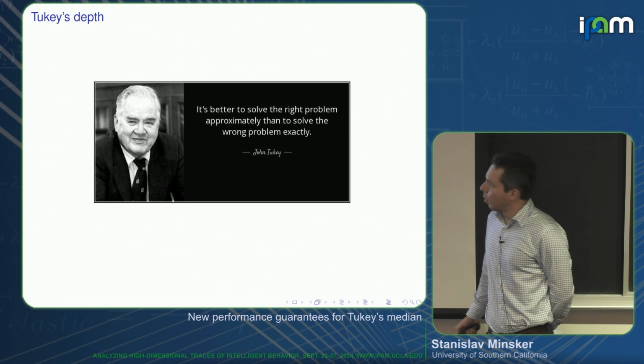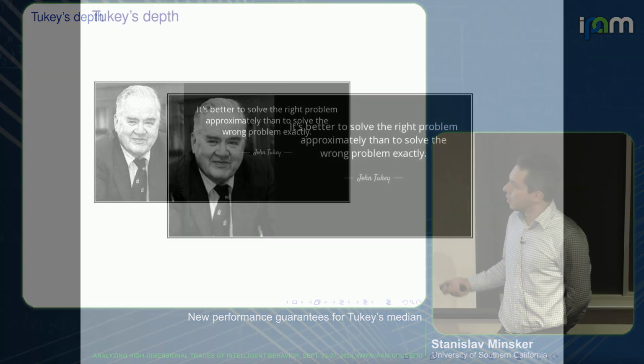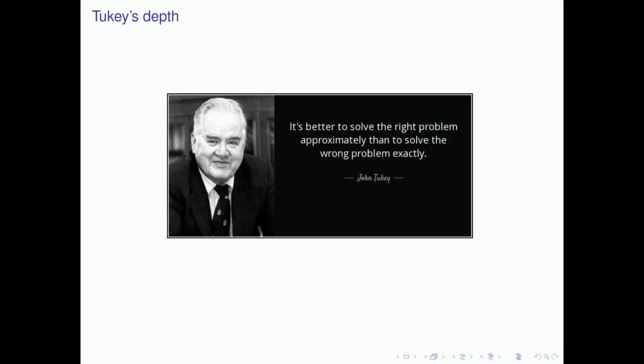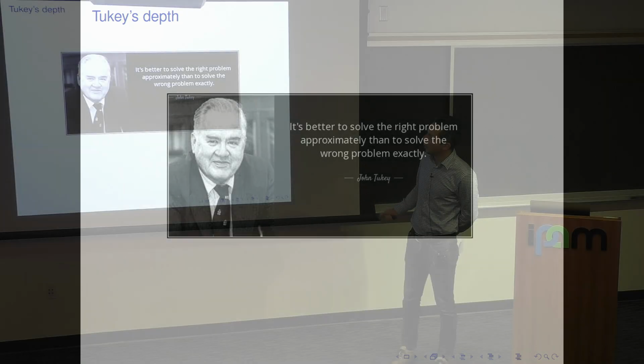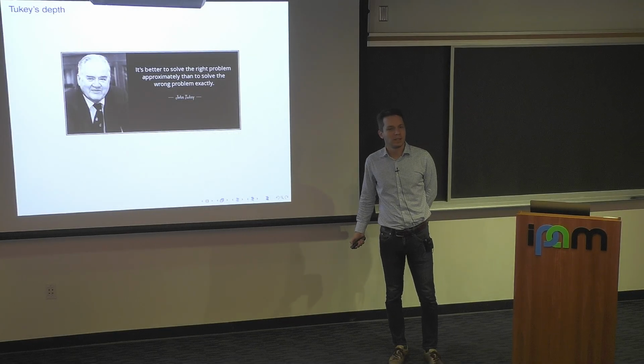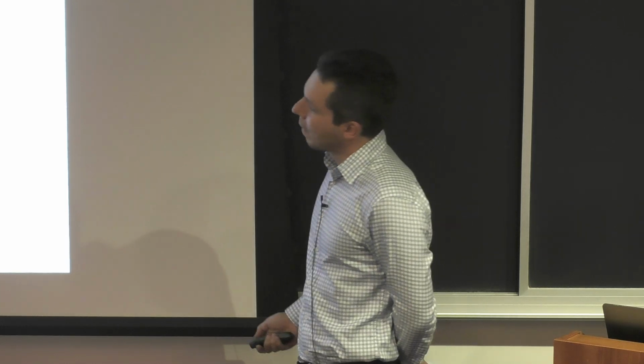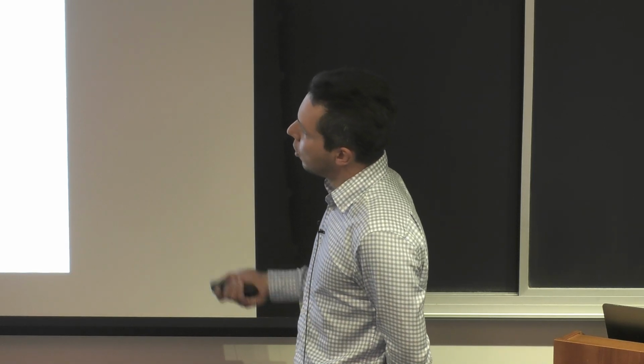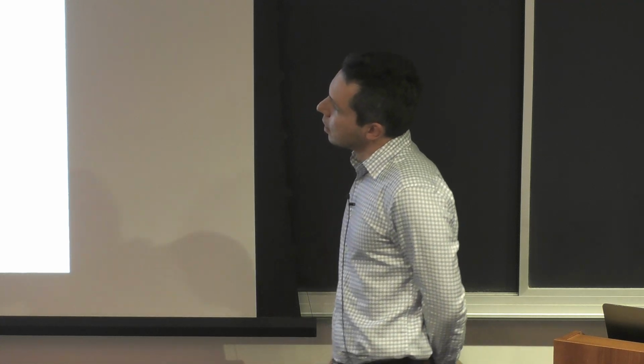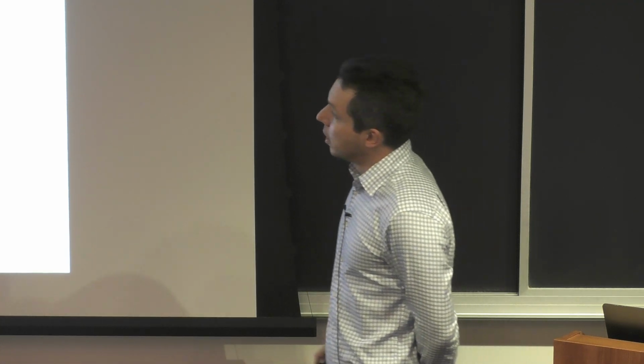He is in the signal processing community. He is known as one of the authors of the fast Fourier transform algorithm. While preparing this talk, I learned from Wikipedia that he is also credited with inventing the word bit, and he is also one of the fathers of modern robust statistics.